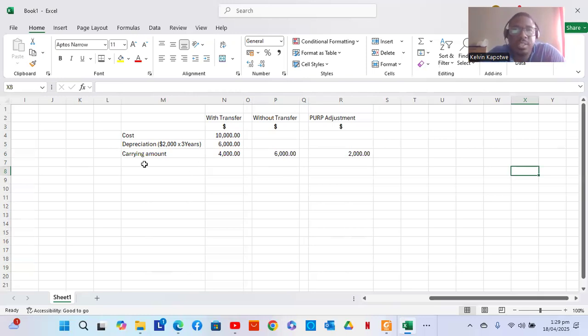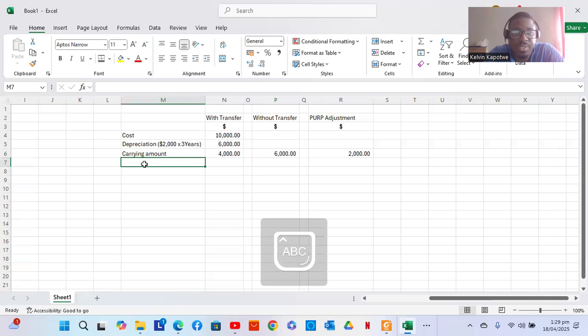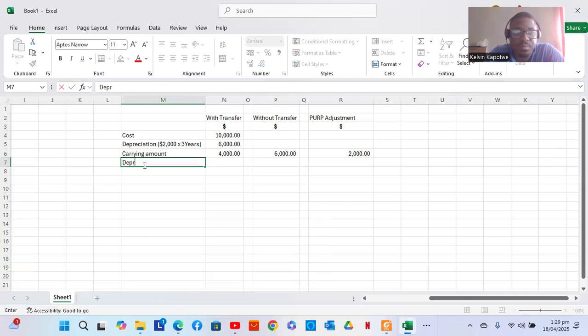Then now let's calculate depreciation. Depreciation in this year would be, so remember our annual depreciation charge is 2,000.